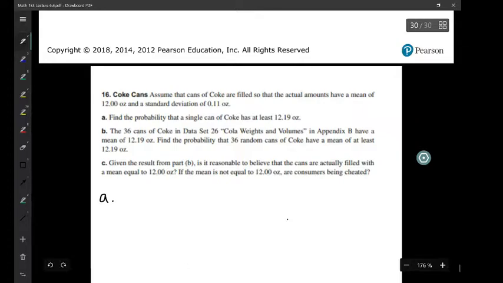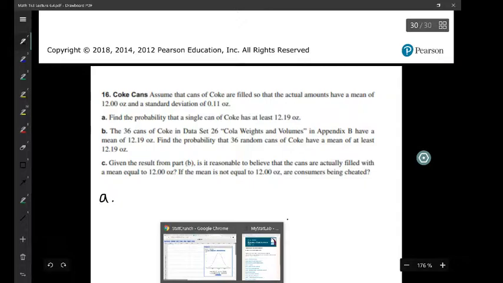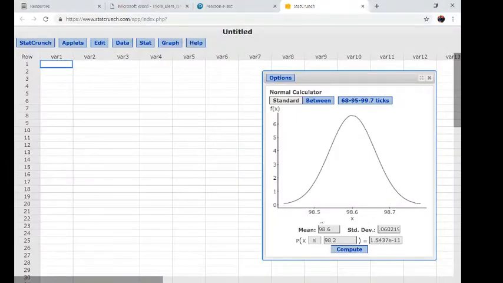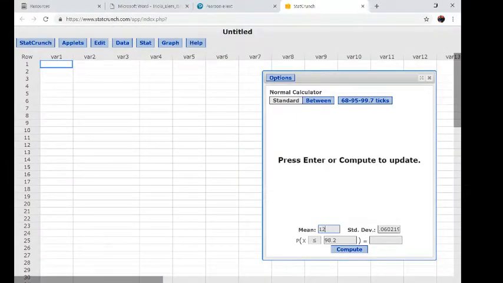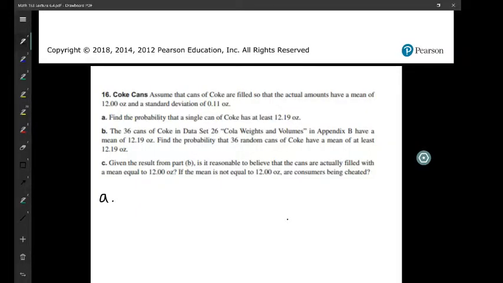So go to your normal calculator and type in 12 for the mean and 0.11 for the standard deviation, and the probability that the volume of the Coke is at least 12.19. So at least means that it could be more.